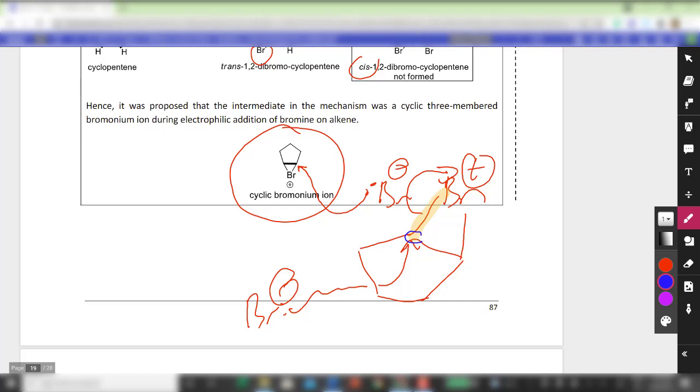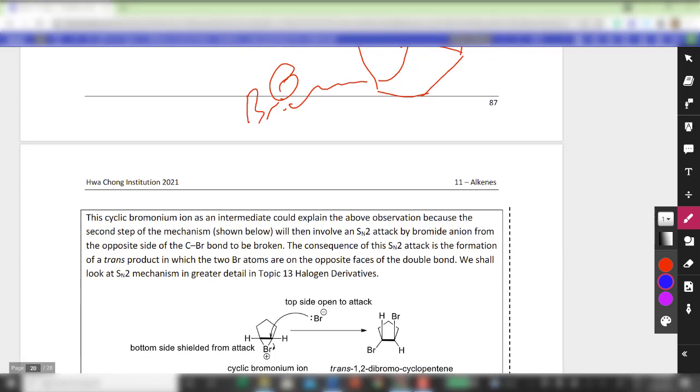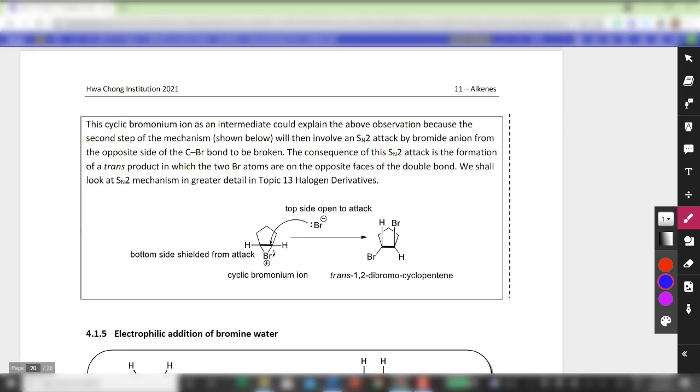So it must approach from the back, not the front. As to the reason why, we'll deal with that when the time comes. Because of that, electrophilic addition of alkenes with halogens usually results in what we call a trans addition rather than a cis addition. But this is not in the curriculum, so we will not attempt to discuss too much on it.